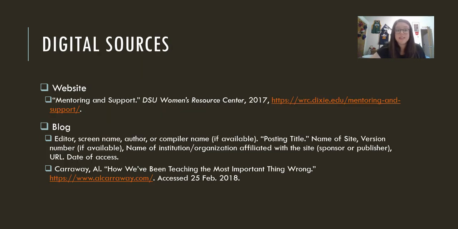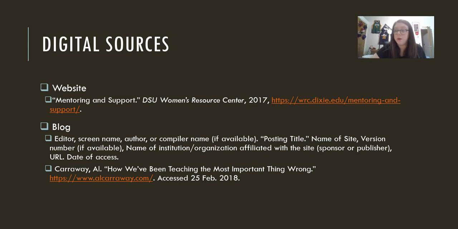Now let's turn our attention to digital sources. So I want to focus carefully on websites and blogs. So when we look at websites, again, we start to see this similar pattern that we saw when citing print-based works.